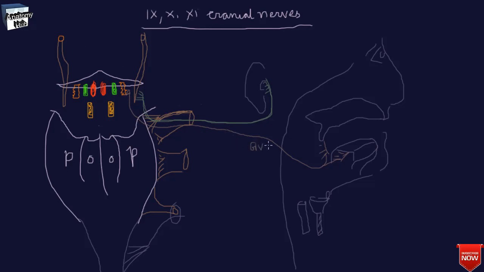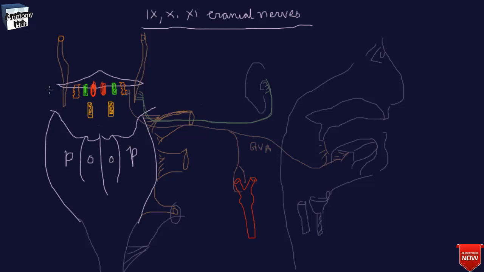Along with that, it also carries visceral sensation from the carotid sinus and carotid body to the lower part of the tractus solitarius, because that is concerned with general visceral afferent sensation.